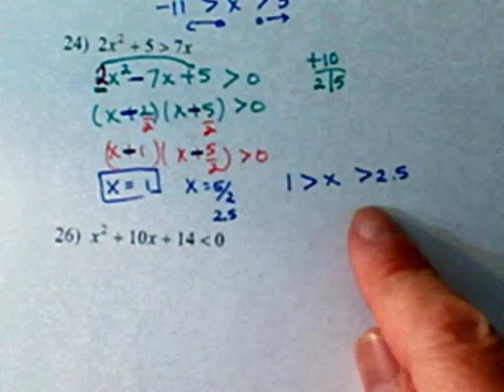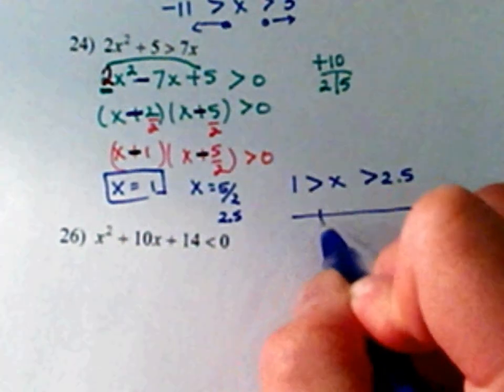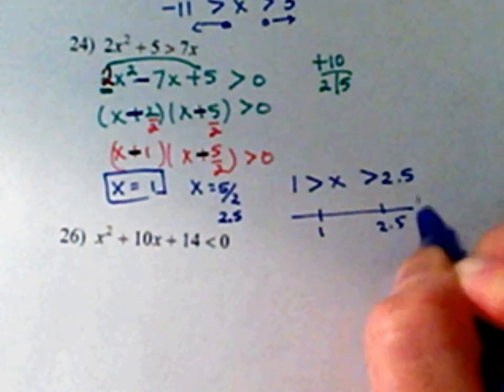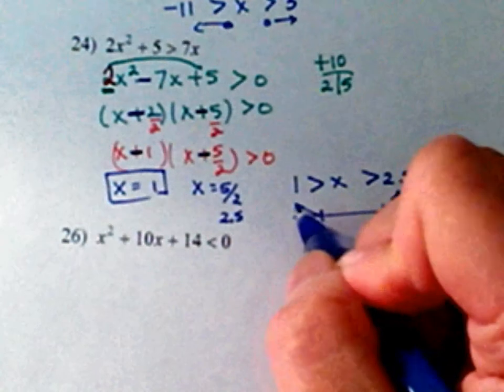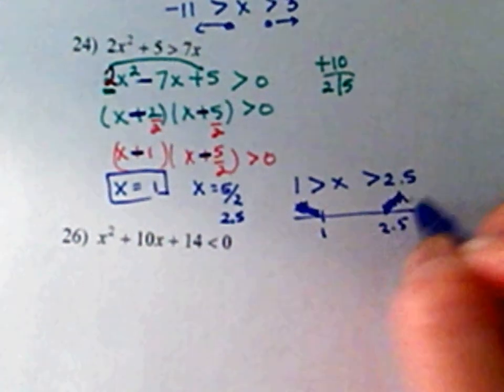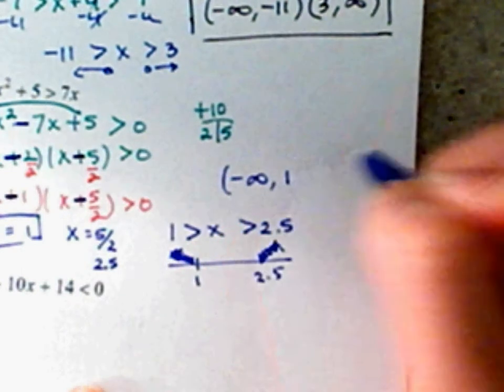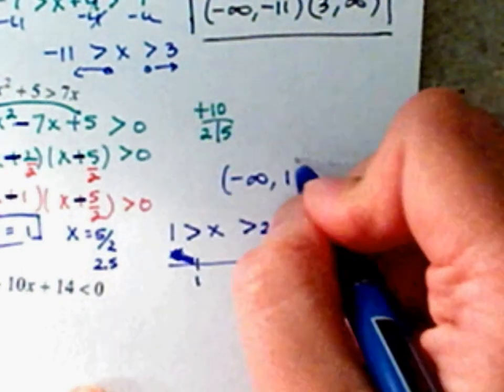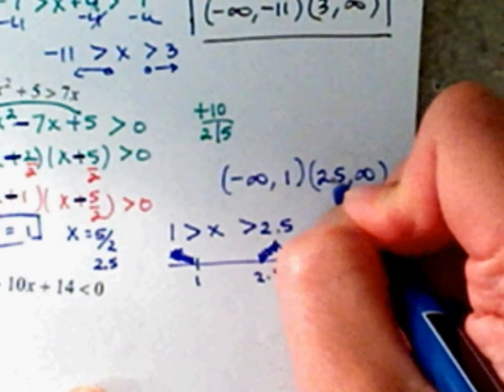Absolutely not. So if you were to plot this, here's 1, here's 2.5, it's going to be everything outside of that, okay? So here's my solution. Starting at negative infinity, it's going to go to 1, parentheses, starting at 2.5, going to infinity. And there's your solution.